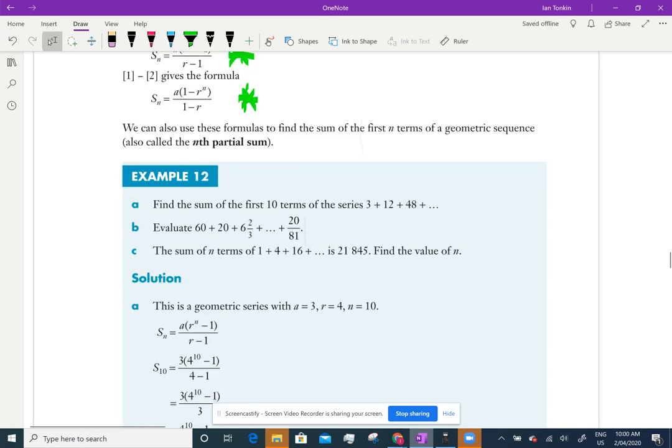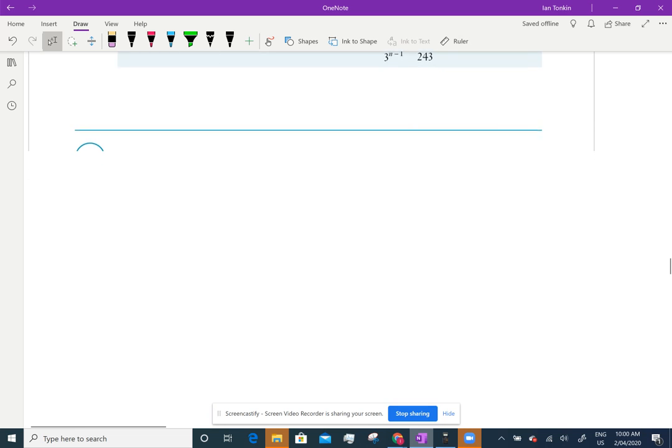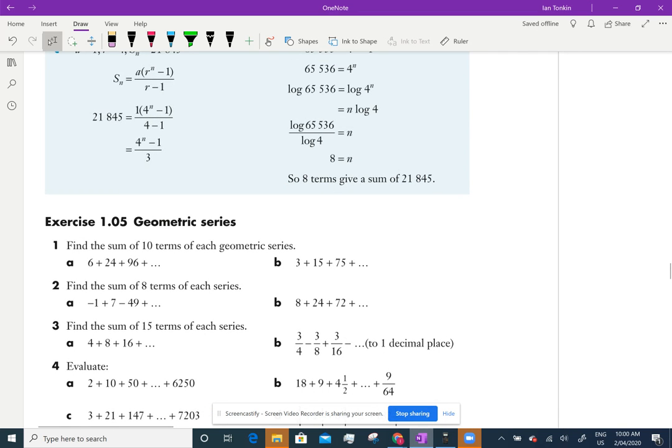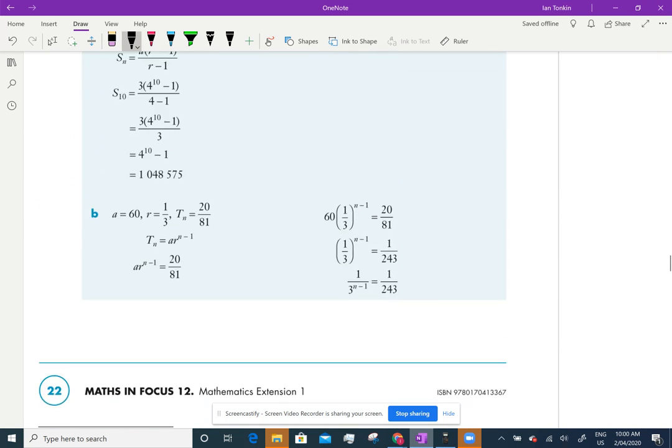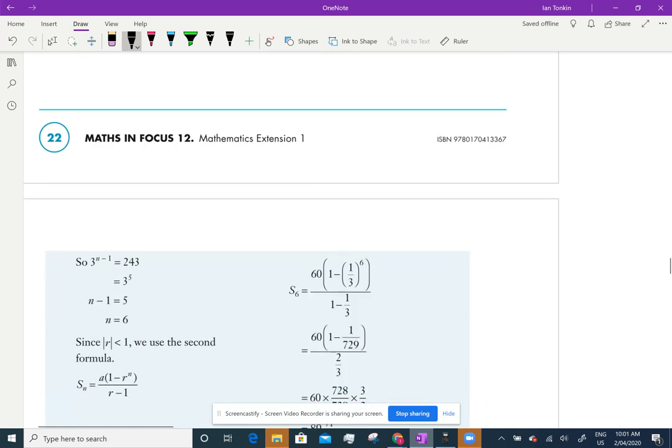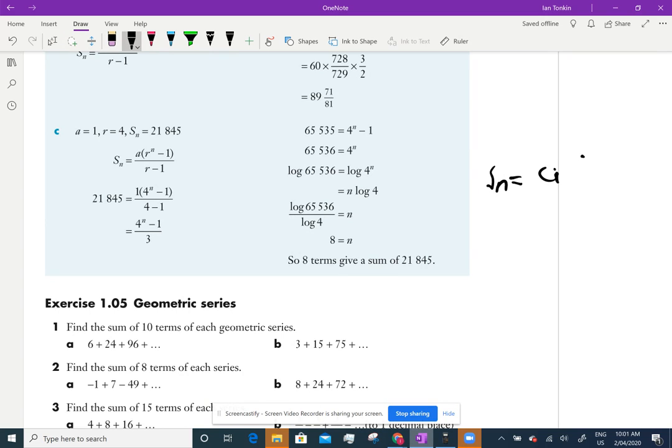So how do we use this now? Some of you have already skipped ahead and you're doing this, and it's quite easy, but I'm going to do a couple. So remember, our two forms: S n equals a times r to the n minus 1, over r minus 1.